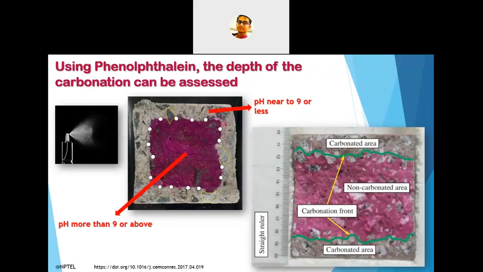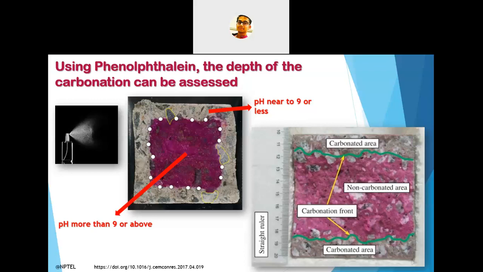In a previous stage of your life also, I hope you have used the phenolphthalein indicator in your chemistry lab for identifying the acidity and alkalinity of any solution. We can simply spray the phenolphthalein indicator, and after spraying, based on the change of color, we can determine the corrosion depth.